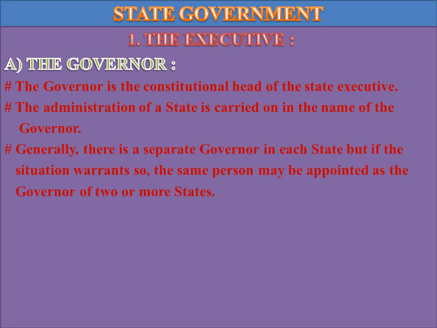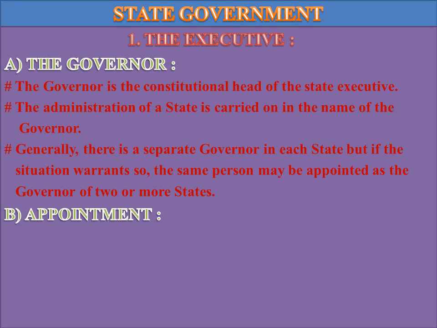Generally, there is a separate governor in each state, but if the situation demands, the same person may be appointed as the governor of 2 or more states. Article 154 vests the executive power of the state in the governor also.